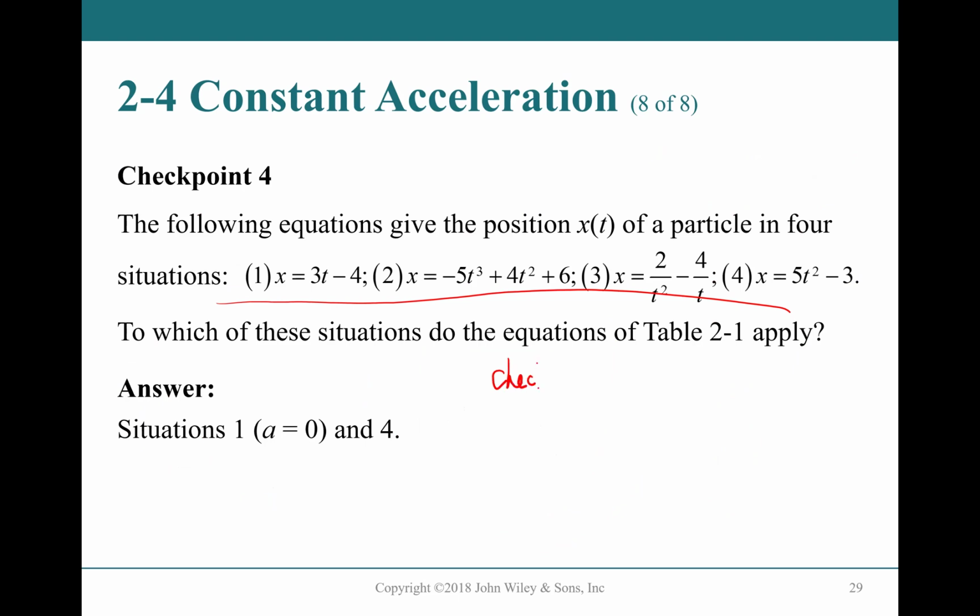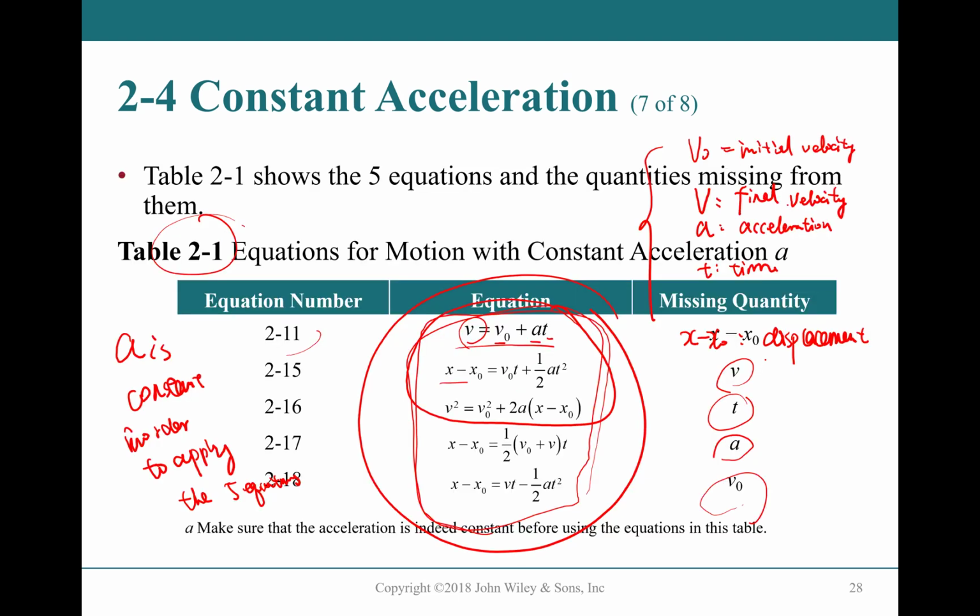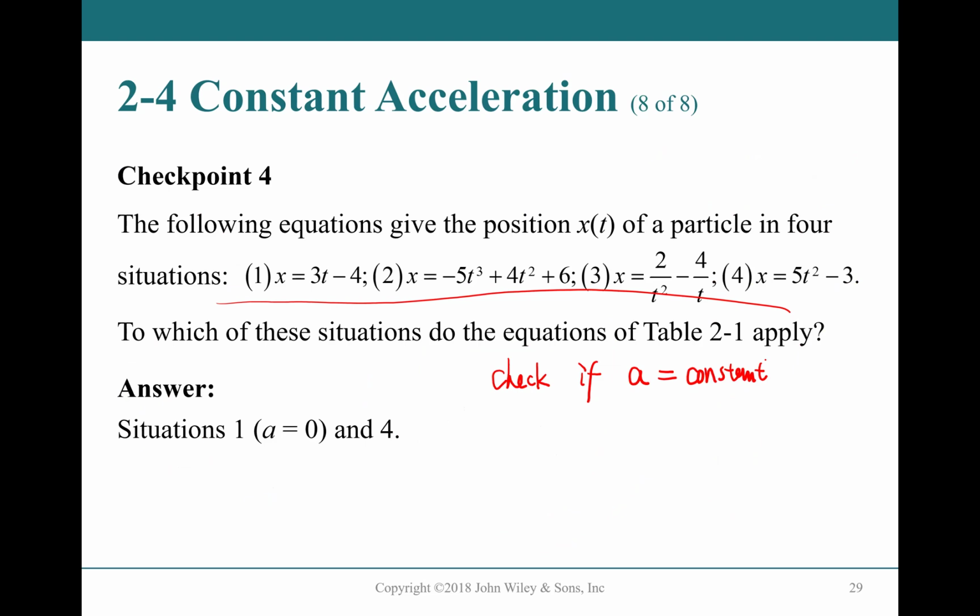What you are checking here is actually whether your A equals a constant, okay? Only if acceleration is constant can you apply the equations here. So in which cases is acceleration constant?